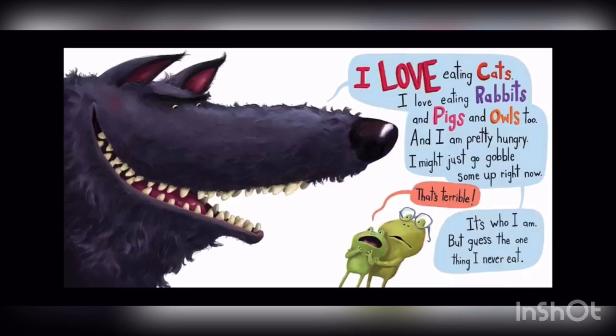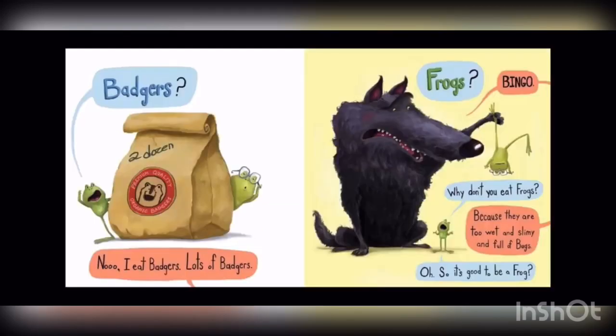But guess the one thing I never eat. Badgers? No, I eat badgers. Lots of badgers. Frogs? Bingo! Why don't you eat frogs? Because they are too wet and slimy and full of bugs.